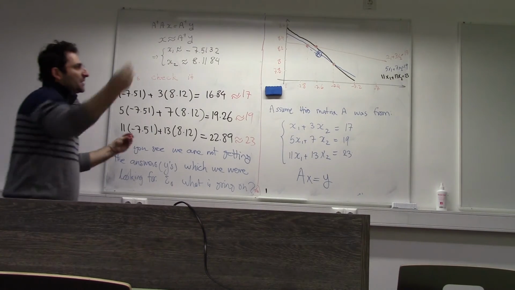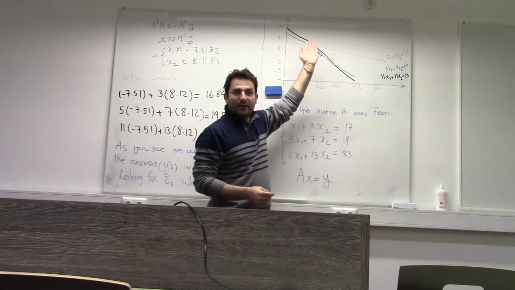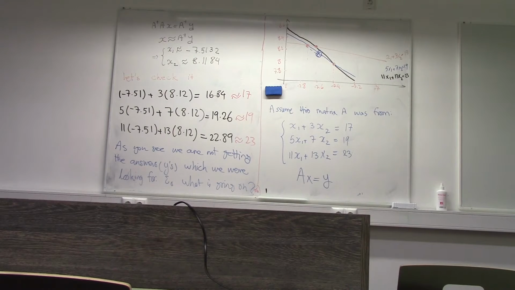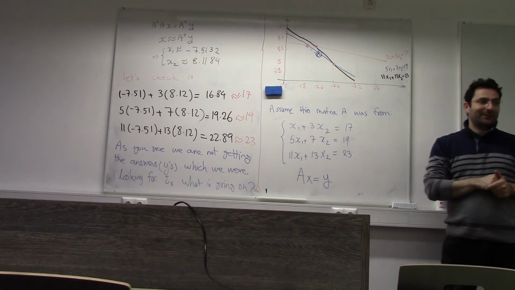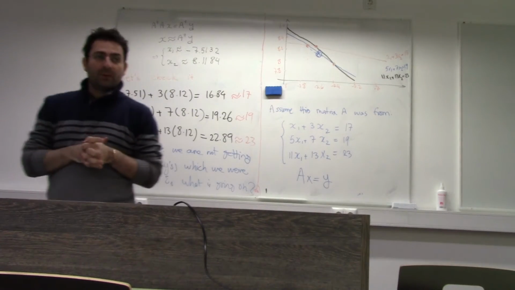That is why, when we are substituting, we are getting an approximate answer rather than the exact values that we were supposed to get. That is why it's called overdetermined. So this is the situation that is happening with respect to our problem.